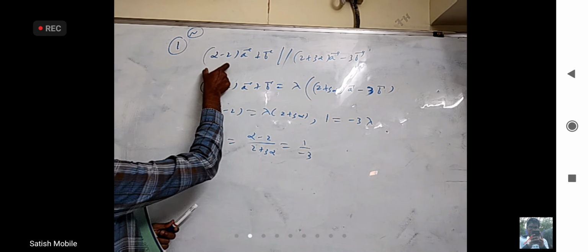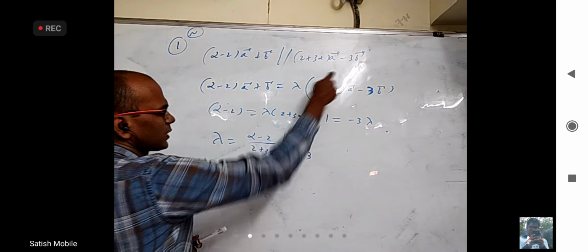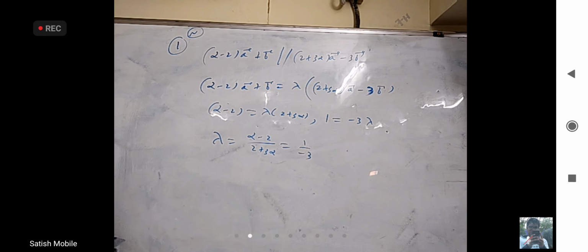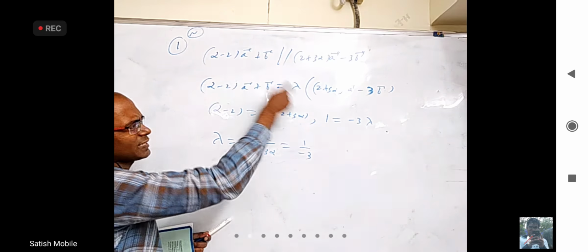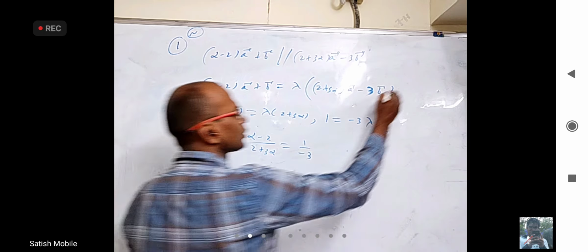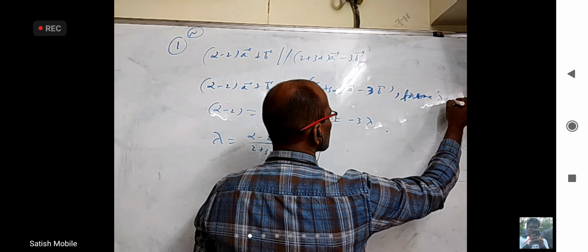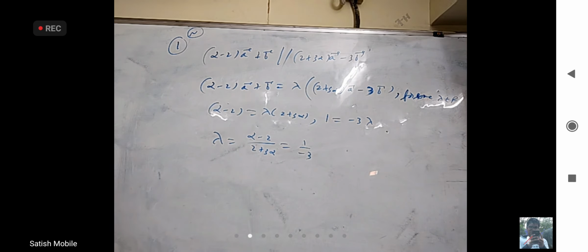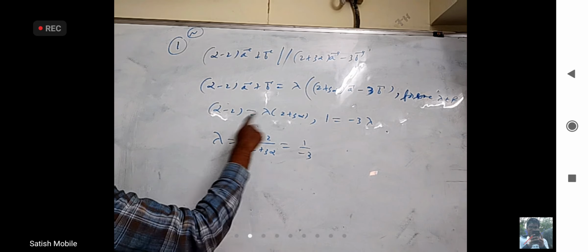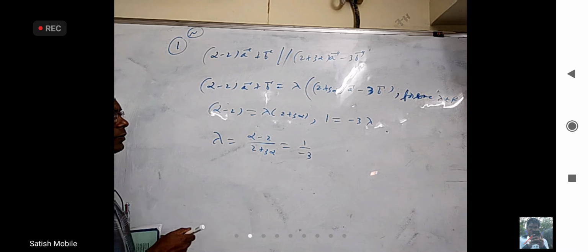It is like taking this coefficient by this coefficient equal to this coefficient by this coefficient only, like we do for ijk. But if you write directly, one may not be clear how this comes up. Whenever two vectors are parallel, one vector is a scalar multiple of the other. You can even write for some lambda belongs to R. Then equate A bar coefficient, B bar coefficient and express what is lambda. Ultimately it is that.